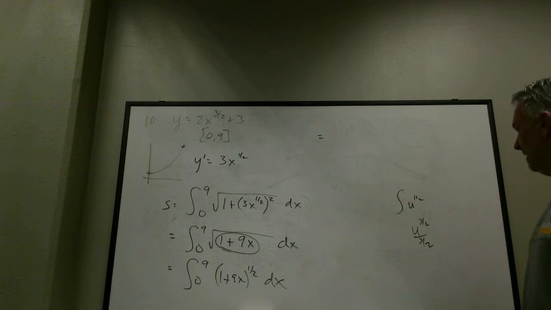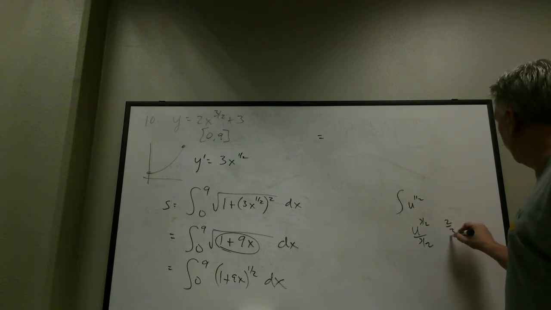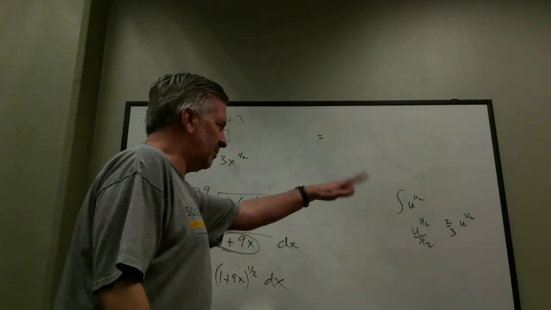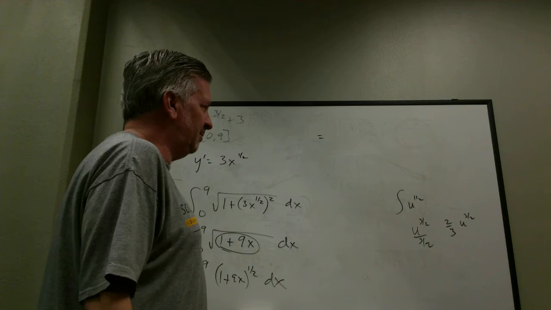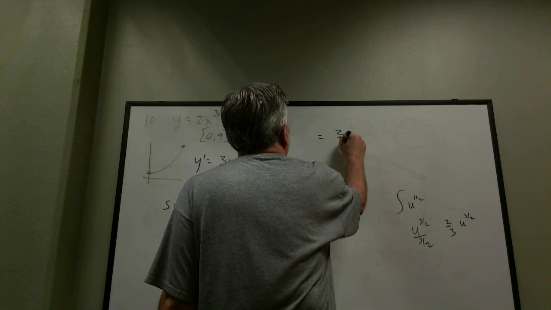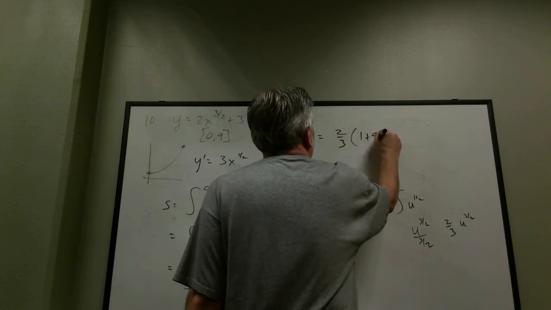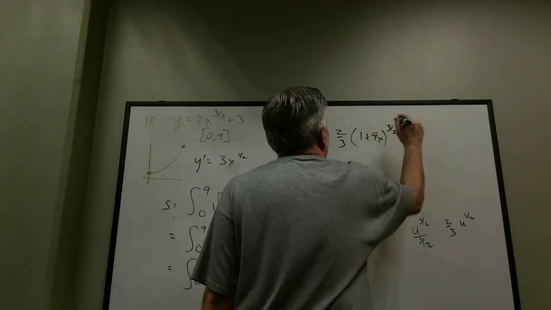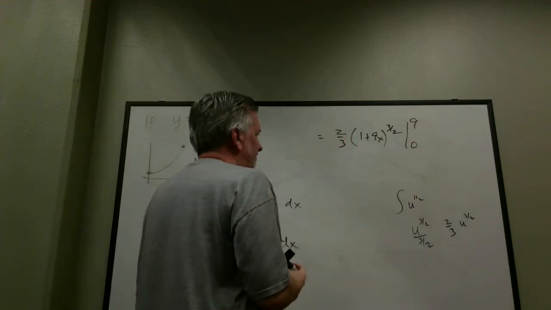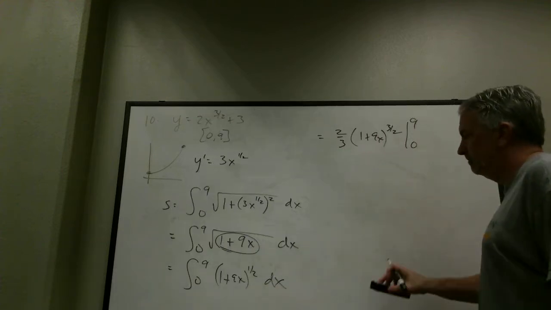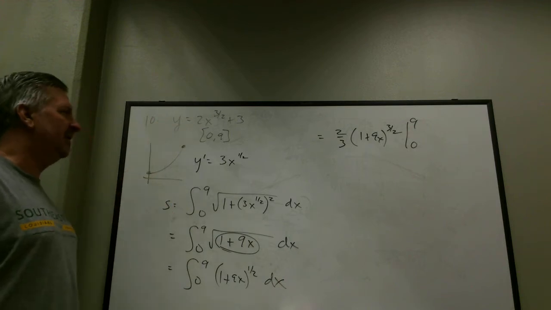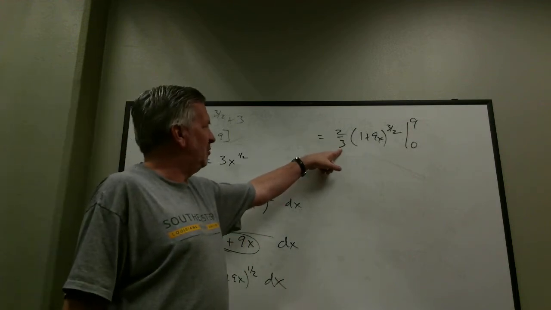Add 1 to the exponent, divide by the new exponent, or 2/3 u to the 3 halves. So that's scratch work, which you don't need to put in your homework. So it's going to be 2/3 linear to the 3 halves, evaluated from 0 to 9. The integral of x to the 1 half is x to the 3 halves over 3 halves. That's what I used here, so over 3 halves became 2/3.